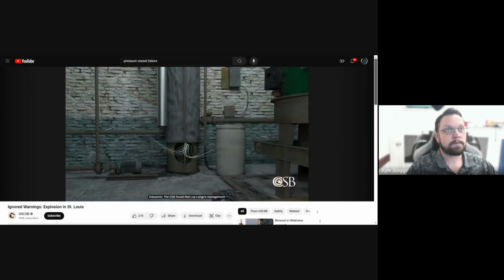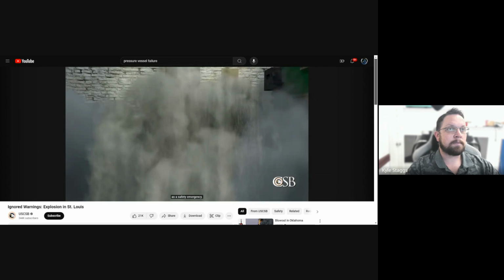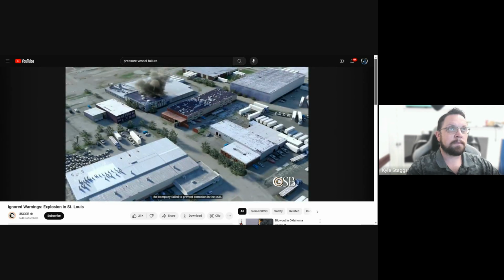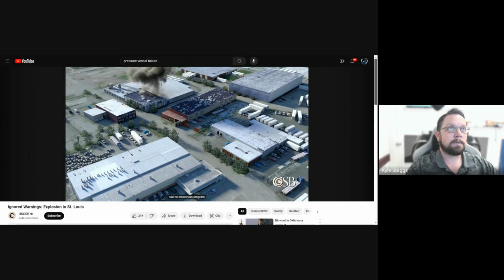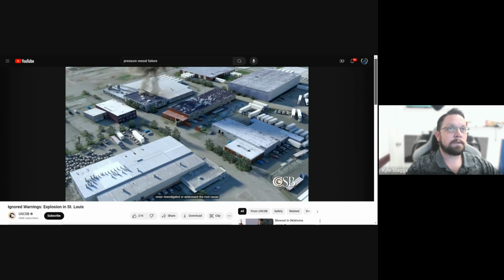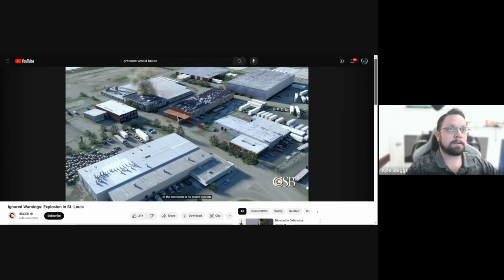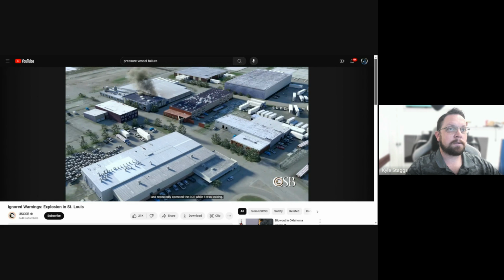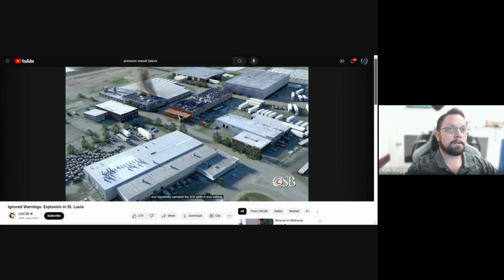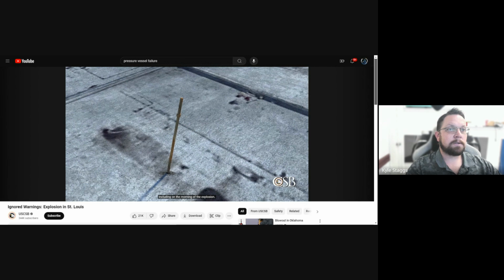The CSB found that Loy Lang's management did not understand the hazards of its operation and did not see a leaking pressure vessel as a safety emergency. The company failed to prevent corrosion in the SCR, had no inspection program, never investigated or addressed the root cause of the corrosion in its steam system, and repeatedly operated the SCR while it was leaking, including on the morning of the explosion.